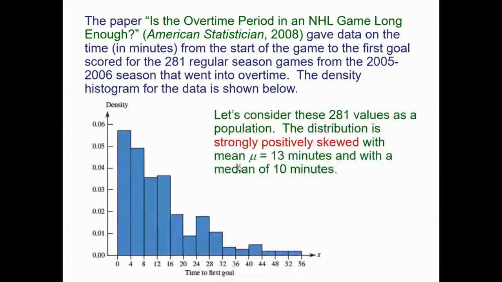And they show us the density histogram. What do you notice about this histogram? It's got a large positive skew. Also, they tell us it has a mean of 13.